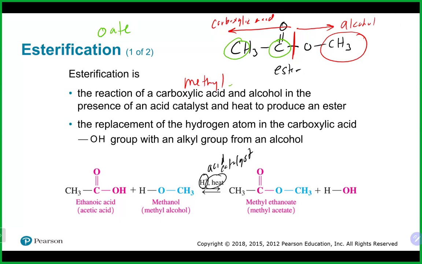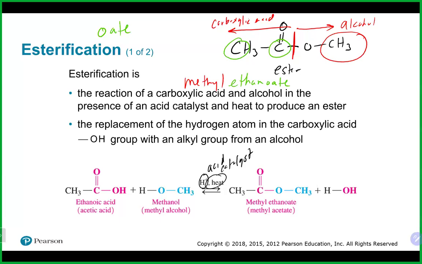So this is methyl ethanoate. And that comes from the carboxylic acid side. Some people will tell you just to drop the IC from the carboxylic acid name and put ATE at the end of it. You could do that too. Or you could go all the way back to the alkane and drop the E and put OATE at the end of it, however you want to remember it.